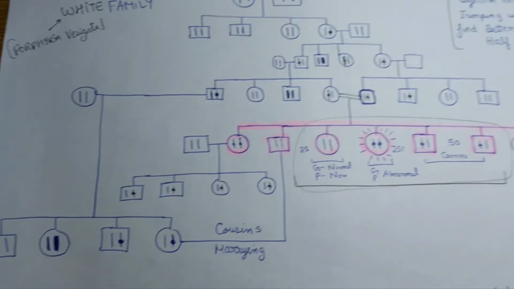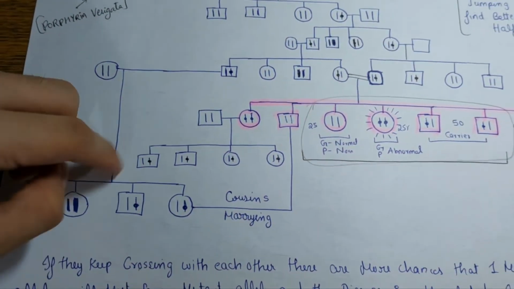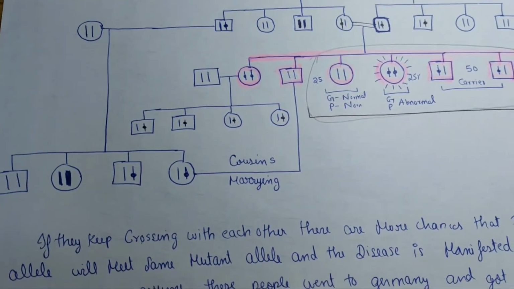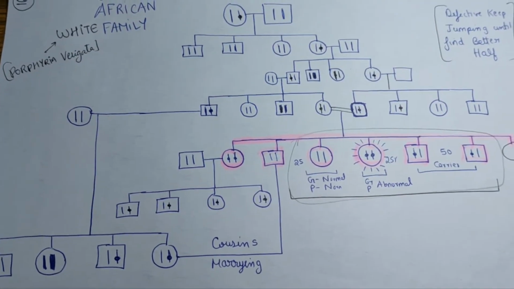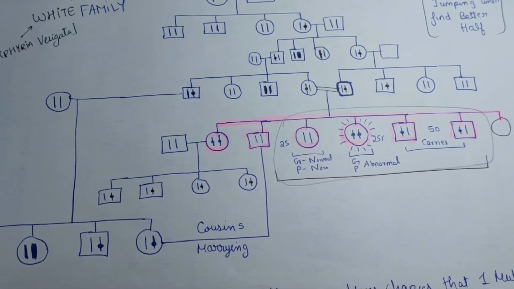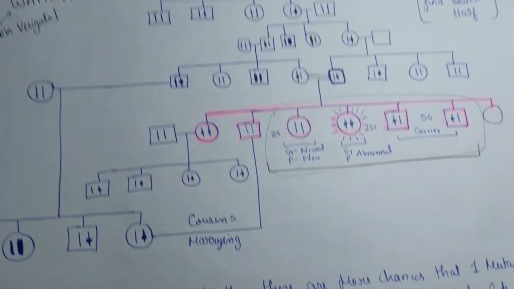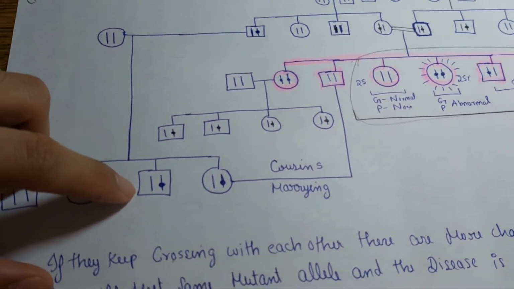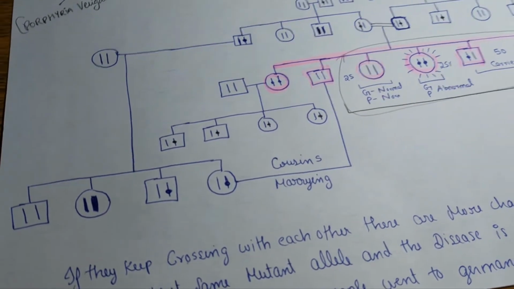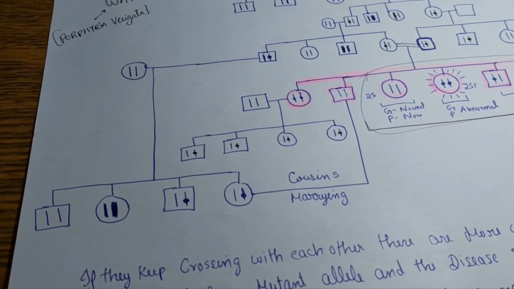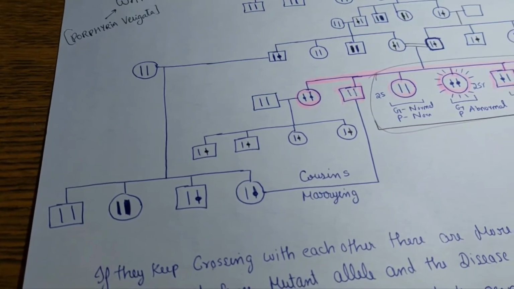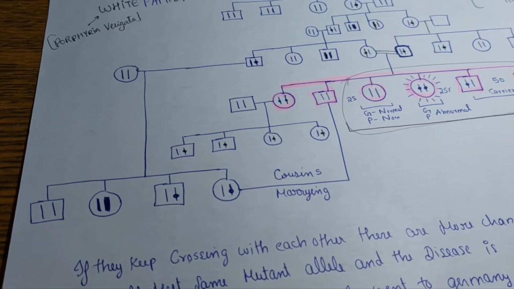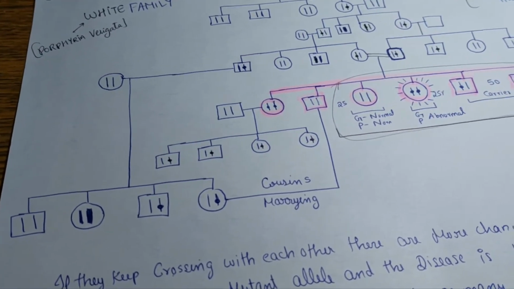Now, if we imagine that some of these individuals from this generation migrated to Germany and they are carriers of Porphyria variegata, whereas in Germany, the individuals whom they are going to marry are carriers for hemophilia A. So this means that when this South African white family descendant and German family descendant cross with each other, the African family had the Porphyria variegata defective gene and the German family had the allele for hemophilia A. So the babies which are going to be produced may have one defective copy of both.